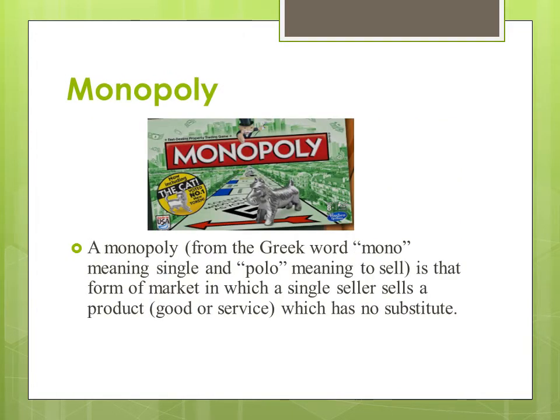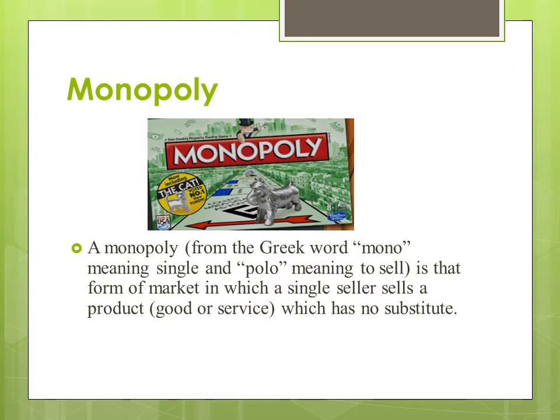Next is monopoly. A monopoly, from the Greek word mono meaning single and polo meaning to sell, is that form of market in which a single seller sells a product which has no substitute. So monopoly is a situation of a market in which only one firm represents the whole industry, and this firm has full control on the selling and purchasing of a good.